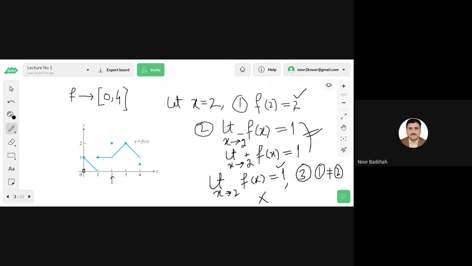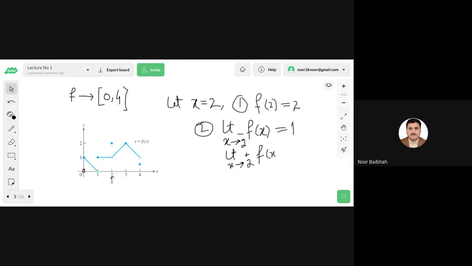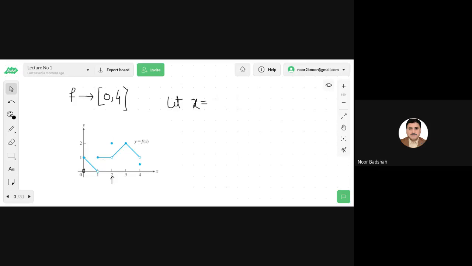Okay, now we check continuity at x equal to 3. Let me clear the board. Right. So if x is equal to 3, again, condition number 1, we check the value of f. So f of 3 will be what?